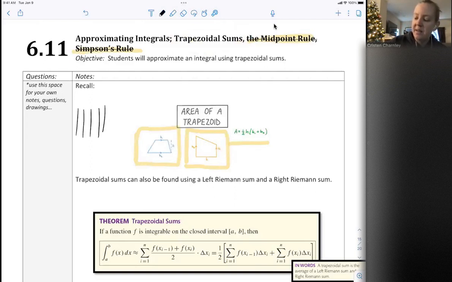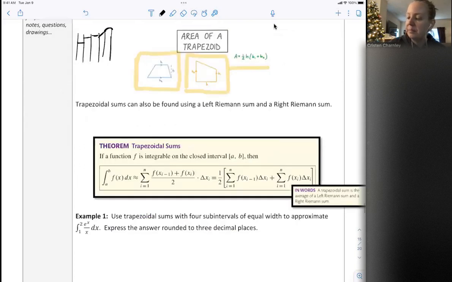Sometimes we had a left rectangle, sometimes a right rectangle, sometimes a midpoint. This is our trapezoid rule where the top is slanted. Simpson's rule is a thing, and in a college Calculus 2 course, we would definitely talk about it. But Simpson's rule has a curve at the top, so it's even more precise than the others. So let's talk about a few formulas here.